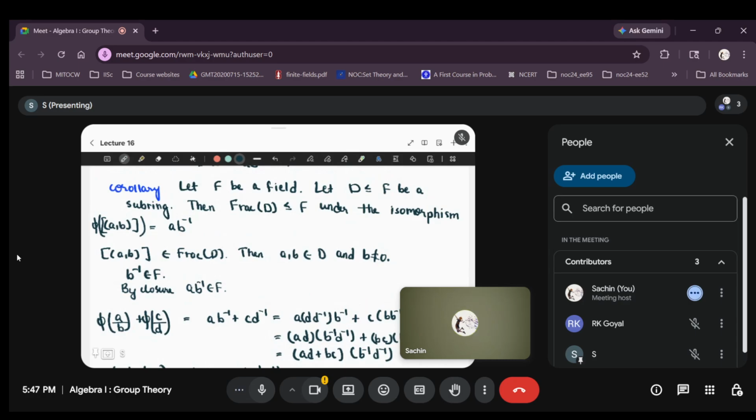Under that isomorphism, you can view D as being a subset of frac D.